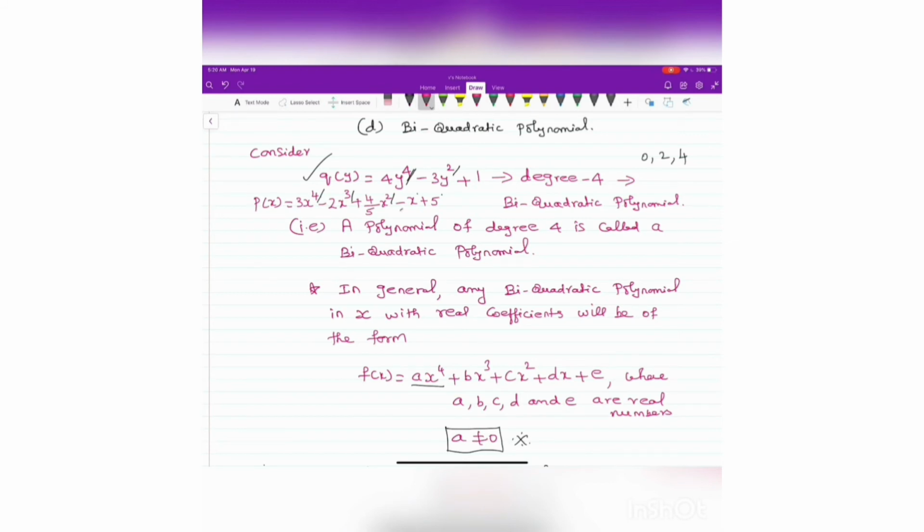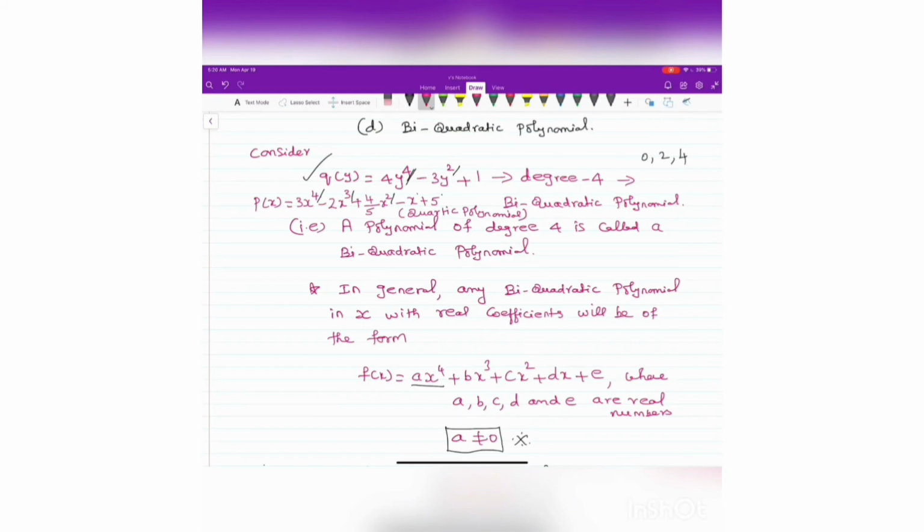I will write over here quartic polynomial. This is only additional information. Okay. So, if the degree of the polynomial is going to be 4, you can see the powers of other terms.